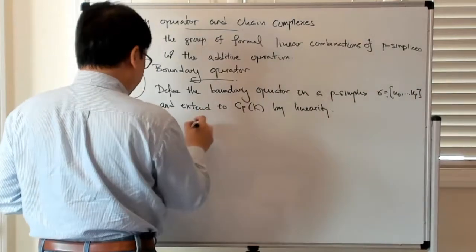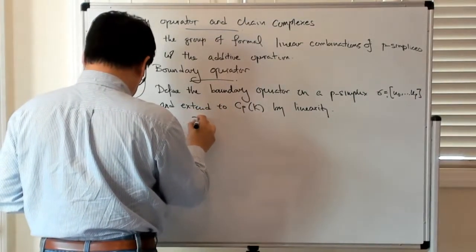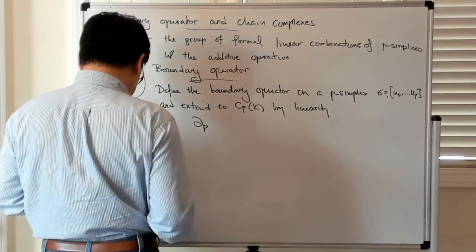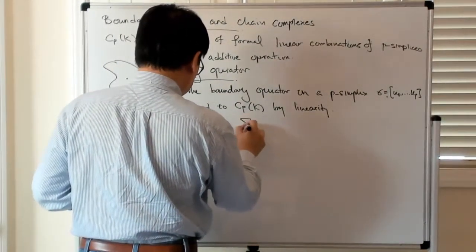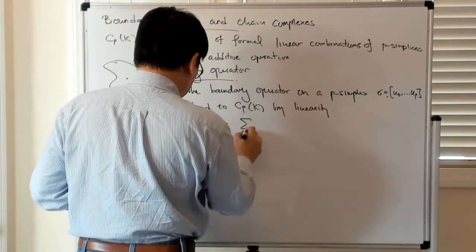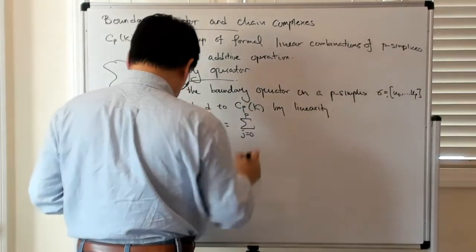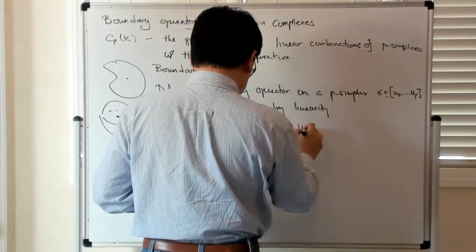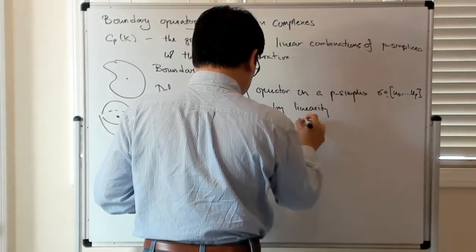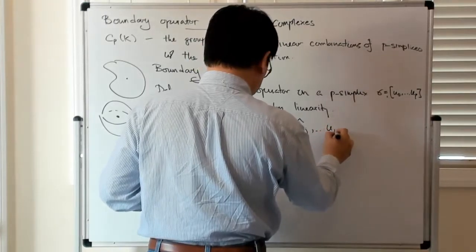So let's see what it means. If you take the p-dimensional boundary of sigma, this is just going to be this formal combination, sum from j equals 0 to p of u0 to uj-hat to up.